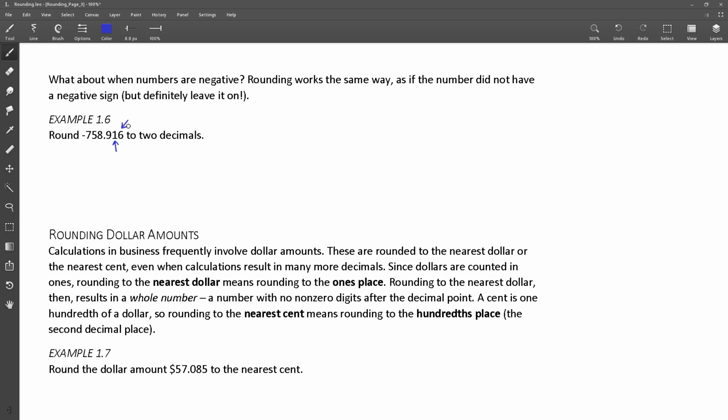That's going to be the 6. 6 is greater than 5, so we have to add 1 to the 1 in the 10th place. So do that. 758.92 is going to be the answer, and it's negative because this number is negative. So simply act as if the number was not negative, but make sure to keep it negative if it starts out that way.